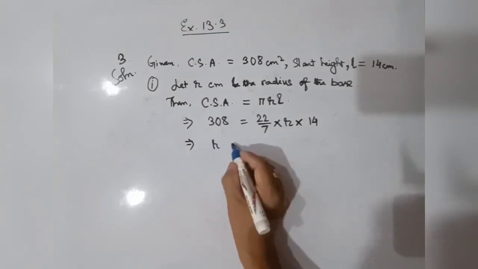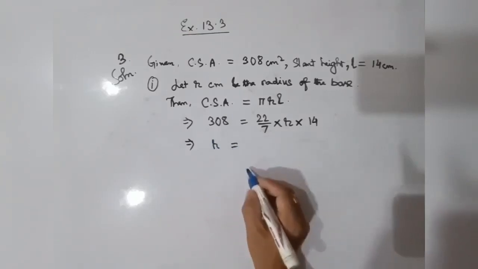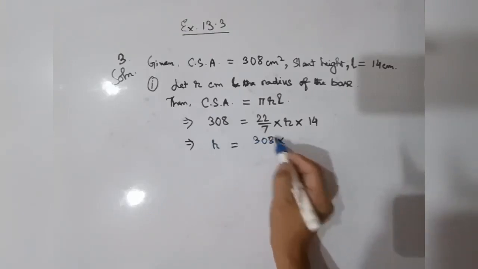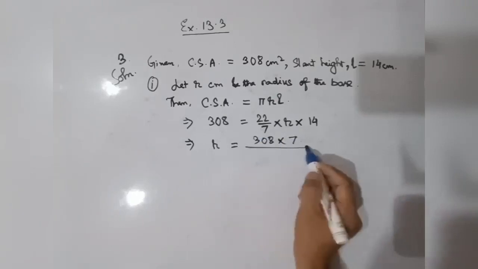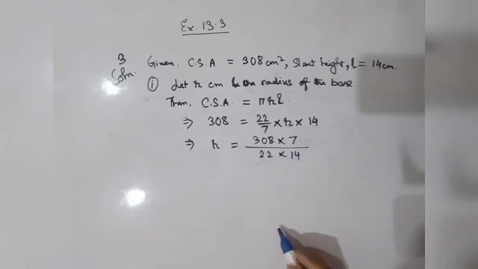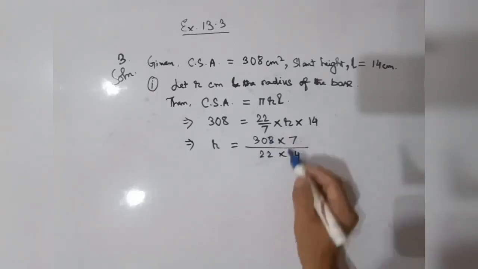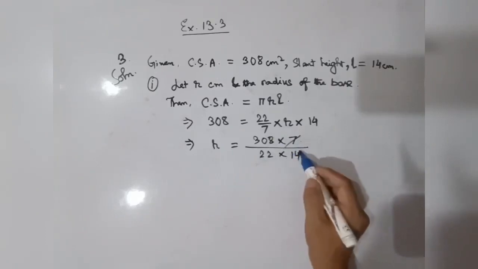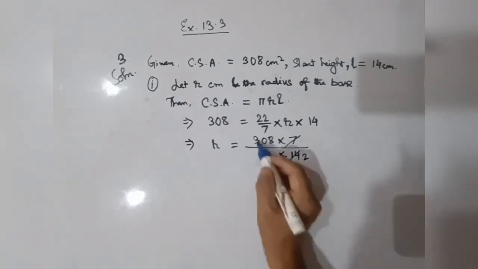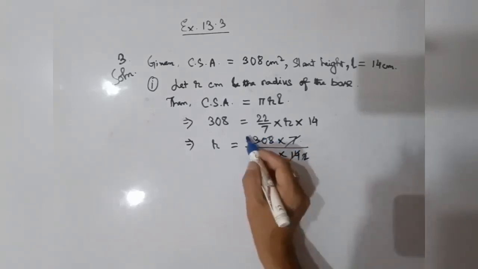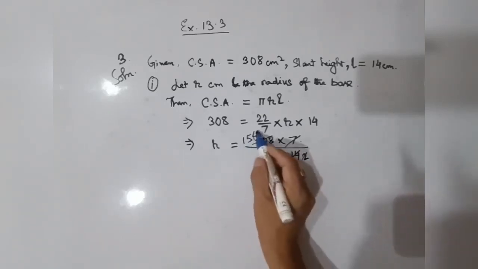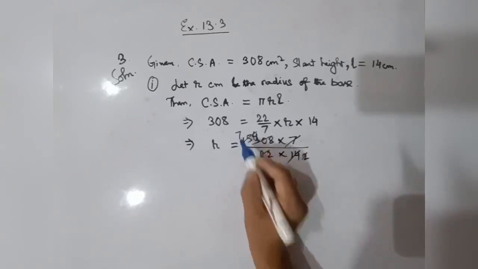So let me find the value of R. R is equal to 308 multiplied by 7 and then divided by 22 into 14. Let's simplify this and we will get the value of R. So this 2, and then 308 divided by 2, we will get 154. 154 divided by 22 is 7.